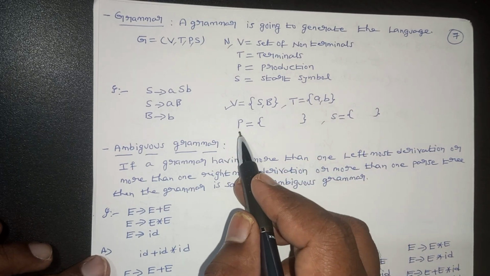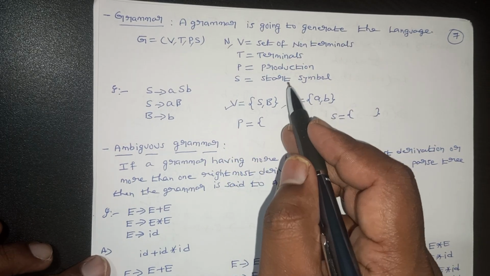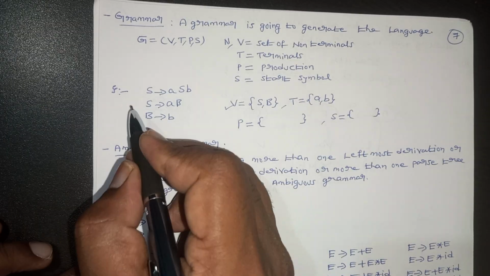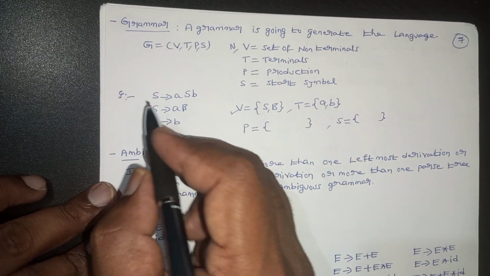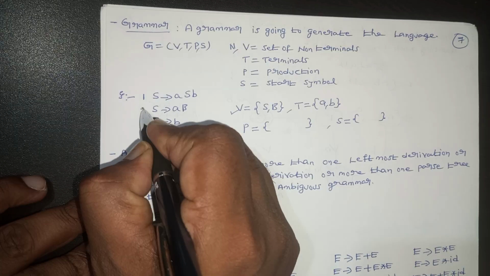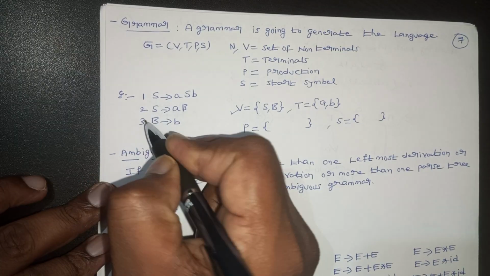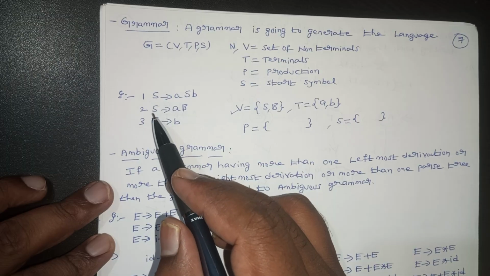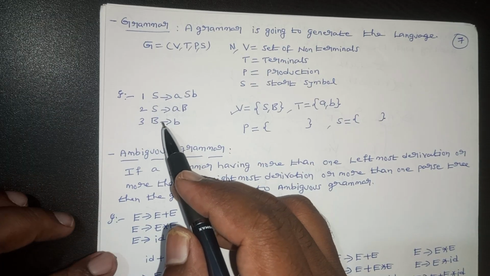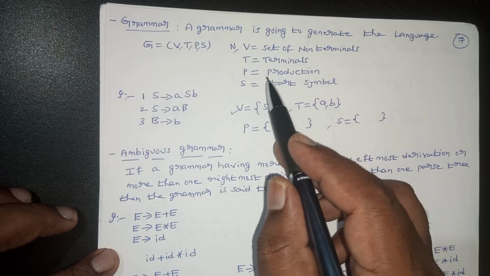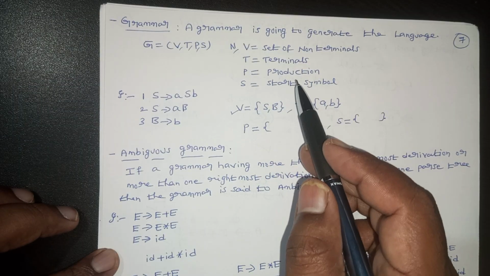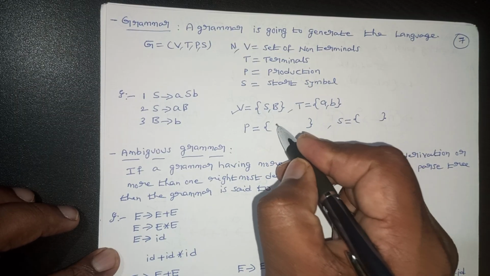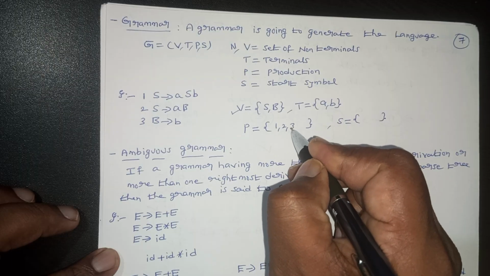Now what is a production? P equals what? Production. You give the name here and I am giving some numbering: 1, 2, 3. I am giving numbering for the rules, or in some textbooks they may call P the rules. So 1 comma 2 comma 3.